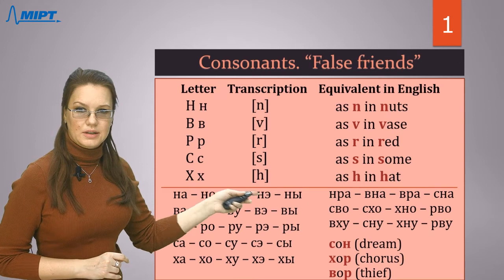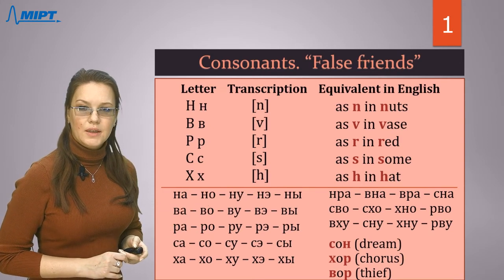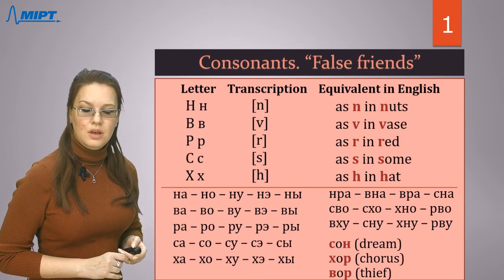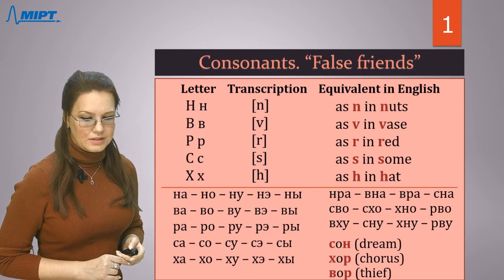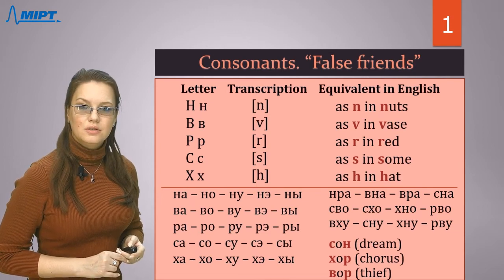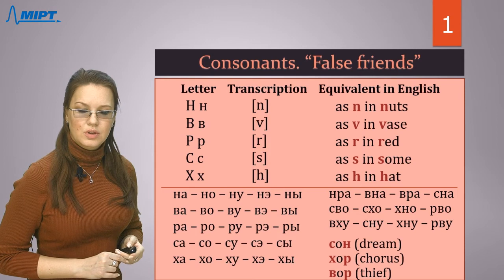Next line, the second line, let's read it. Svo, sho, хно, рво. The next line. Вху, сну, хну, рву.